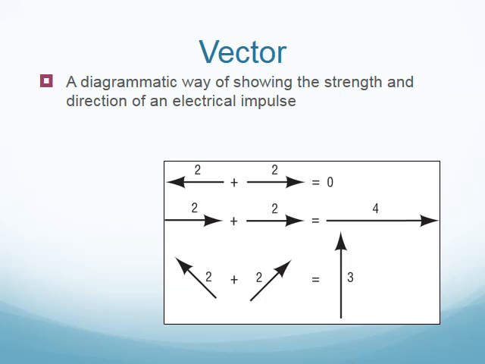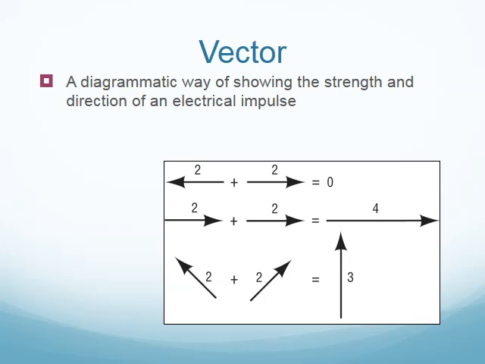If we have 2 vectors traveling in the same direction, meaning the impulse from 2 cells or a clump of cells traveling the same way, those vectors are going to increase each other's strength and create a stronger deflection. And likewise, if we have 2 that are unequal and in opposite directions, they go to the average.